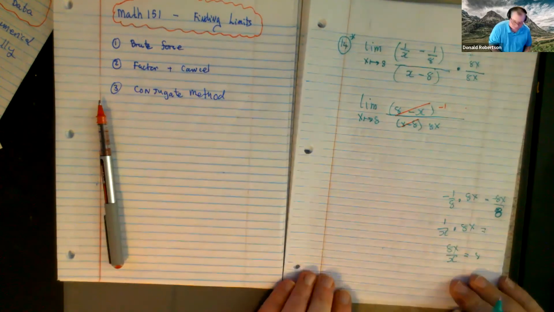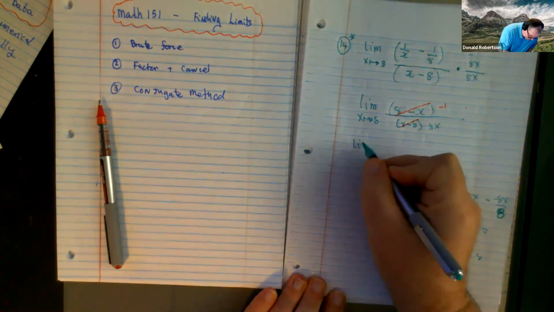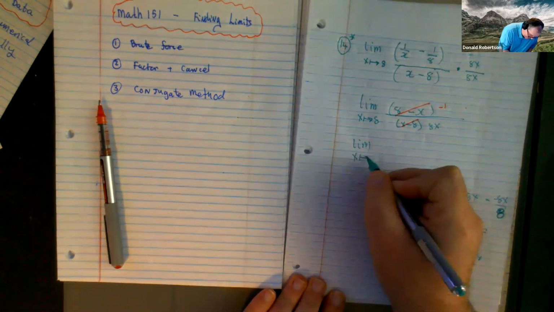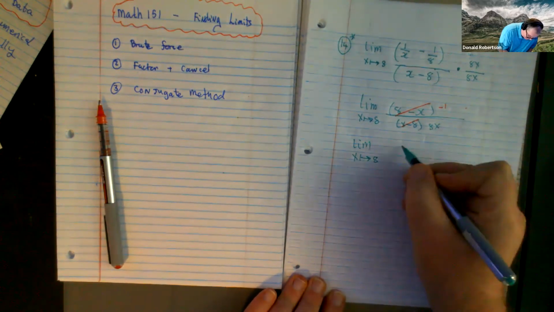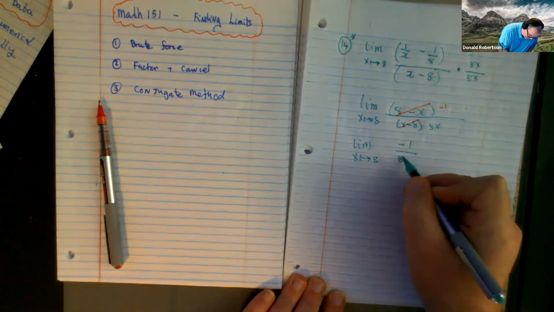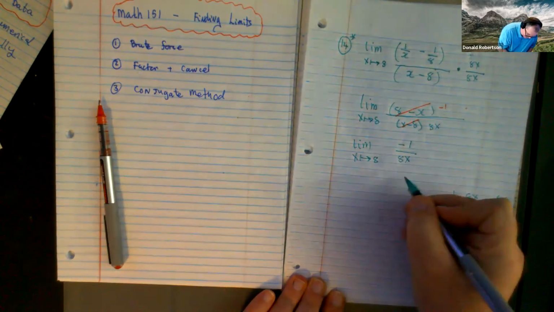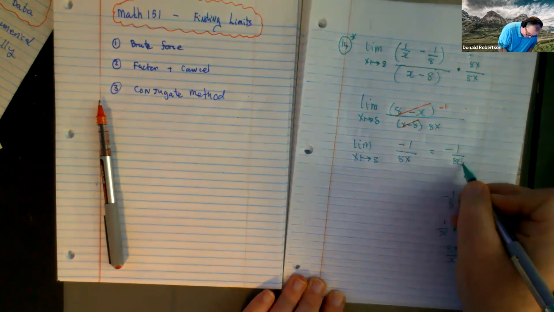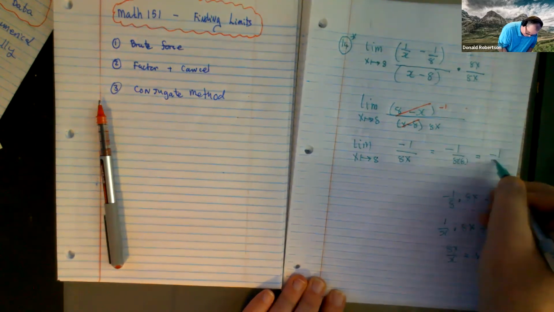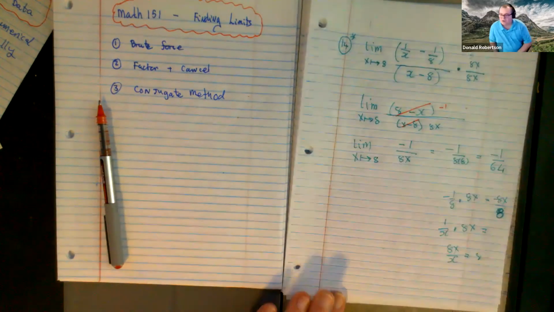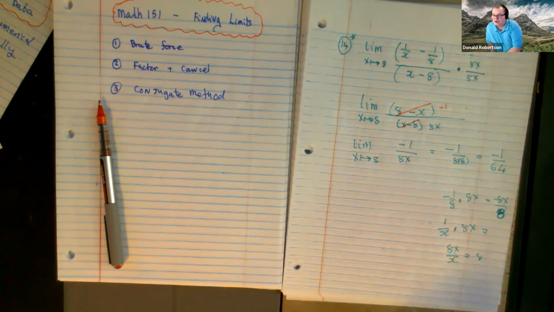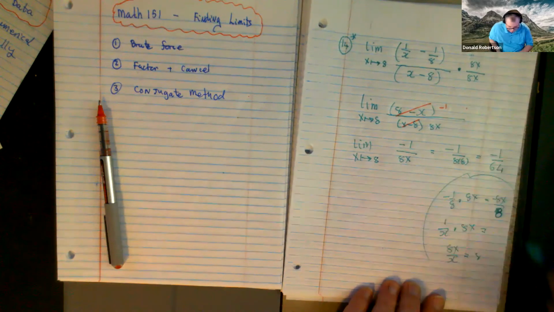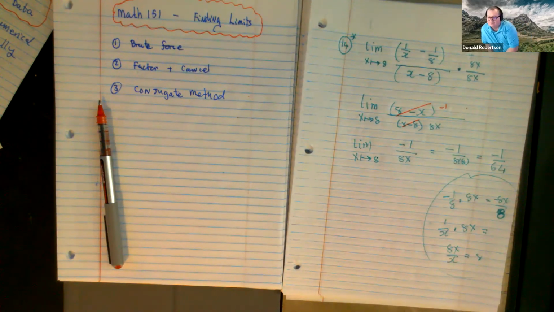We could just do the cancel part because the factoring has kind of happened accidentally. And so it's -1 over 8x. And we can then replace the x with 8. And lo and behold, we got a limit, -1/64. I'll put that in a bubble, by the way. Kind of sneaky, kind of good.